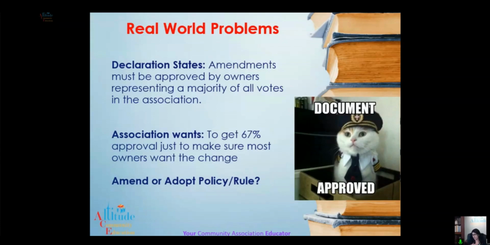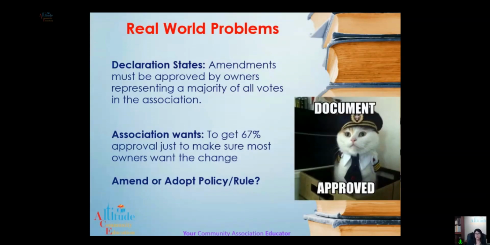and everything's out to vote, you get ballots back representing already a majority of all your owners, and then you wait for the voting period to end and you're at like 55%, not at 67. The board cannot say, okay, we're not going to sign this and we're not going to record this amendment because it did not get 67%. That is a direct violation of your declaration.